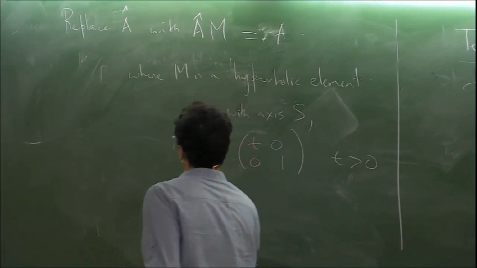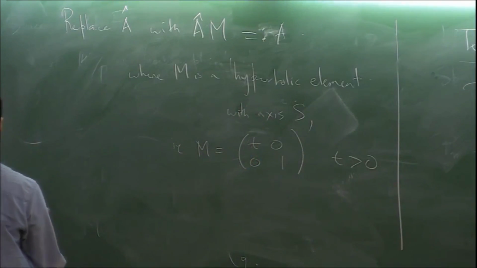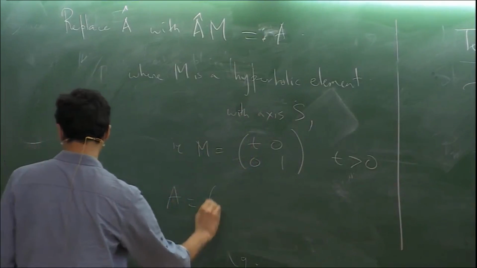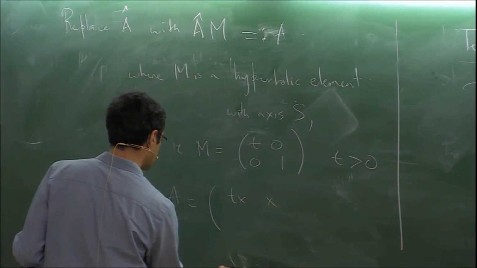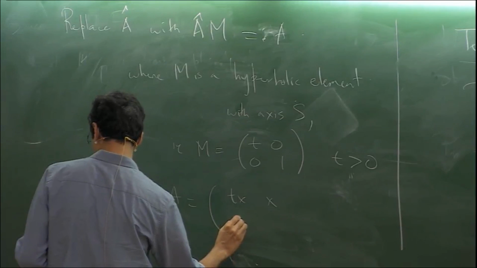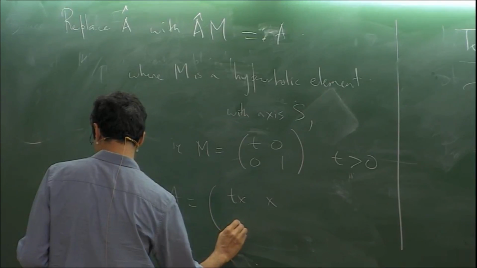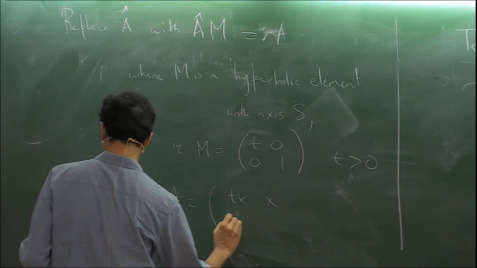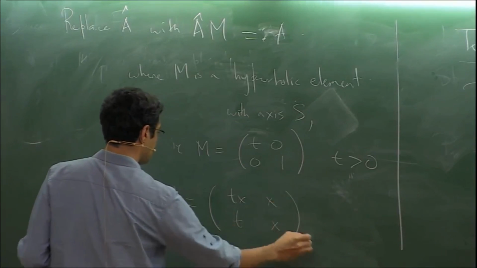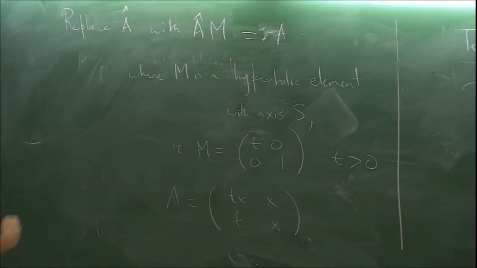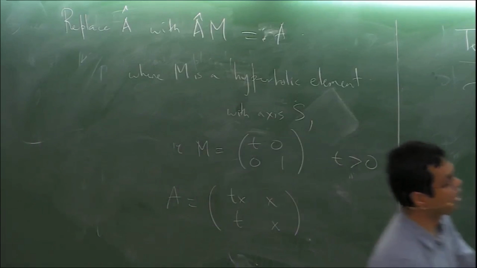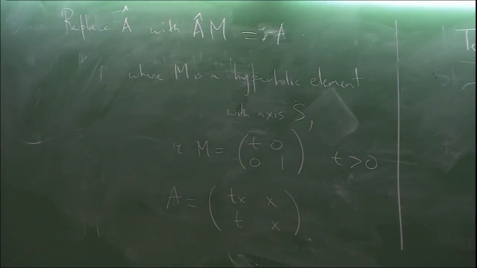Let me write down what A is. A looks like (tx, x; 0, 1). Okay, so this is what the new A looks like. This is another identification of S1 with T1.